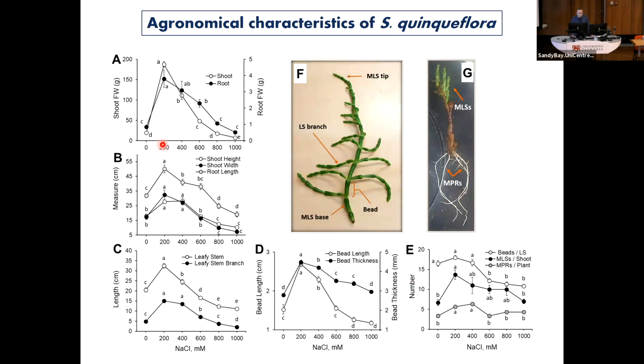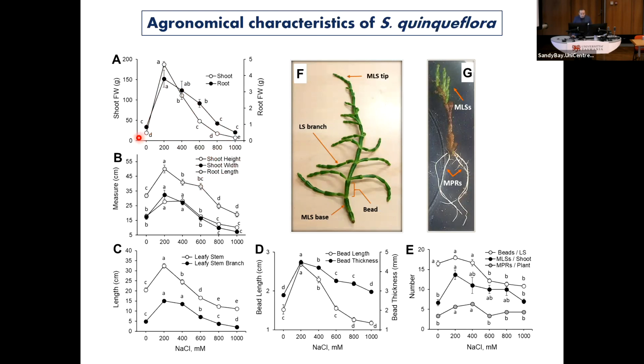As you see here, all the agronomical characteristics show that Sarcocornia quinqueflora shows the classical response of a halophyte, with growth reduced under 0 millimolar and an optimal response between 200 and 400 millimolar sodium chloride. The growth was also promoted until 600 millimolar, and after this, the growth declined again.